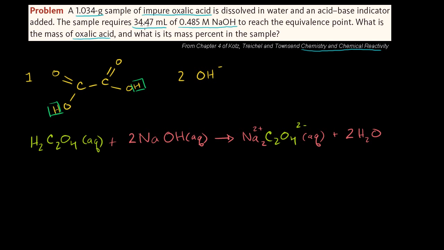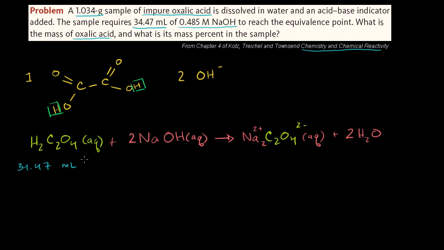We have 34.47 milliliters of the solution that has the sodium hydroxide. And I'm just going to convert that to liters just so that it's easier to deal with the molarity. So we have 34.47 milliliters of this solution.